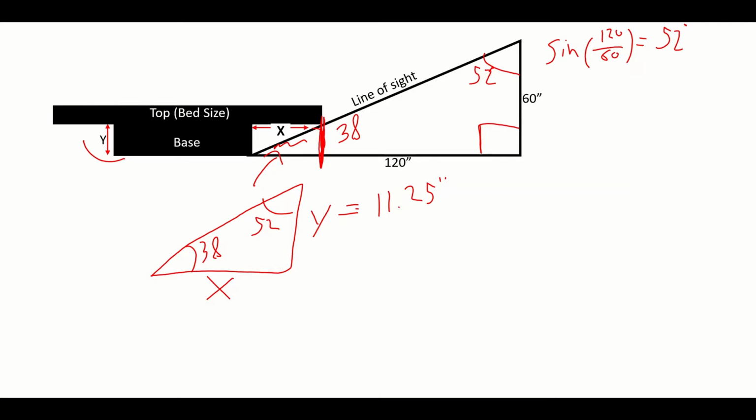So now we know what our thickness is, and we know what our angle is. We're still going to use the same sine function as above. Sine of 38 is opposite over adjacent, so 11.25 divided by x, where x is our overhang.